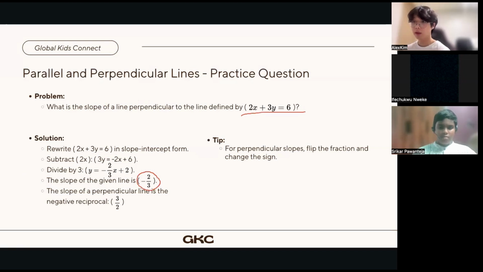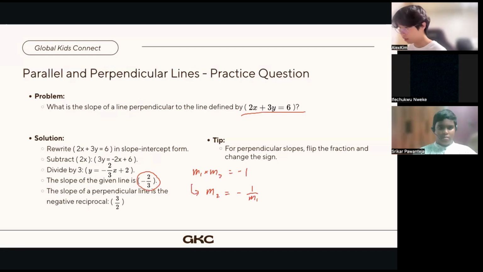Sometimes using the equation m1 times m2 equals -1 can be a bit confusing. So we can change this rule to say that m2 equals -1 over m1. It's saying the same thing, but in a different format.